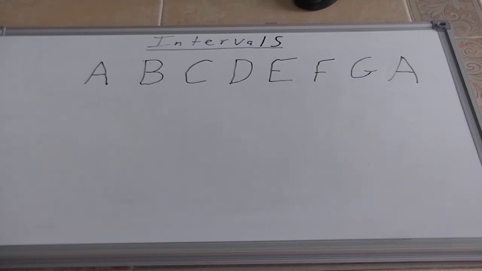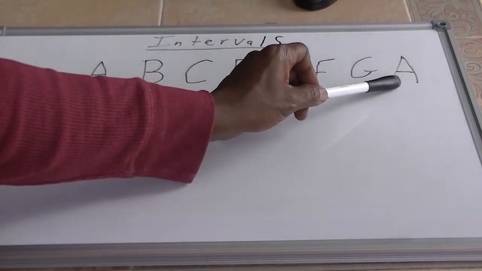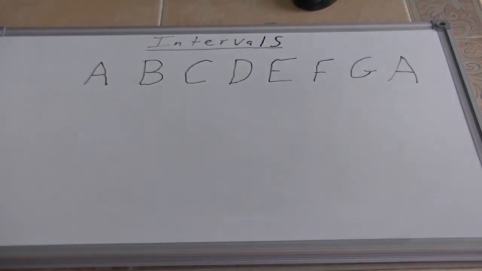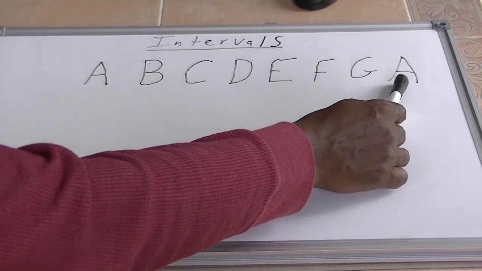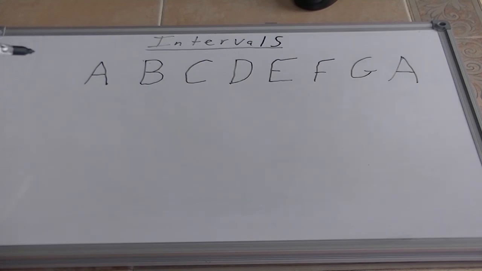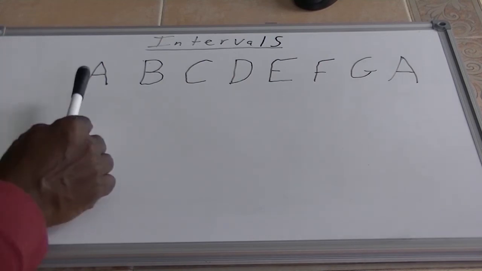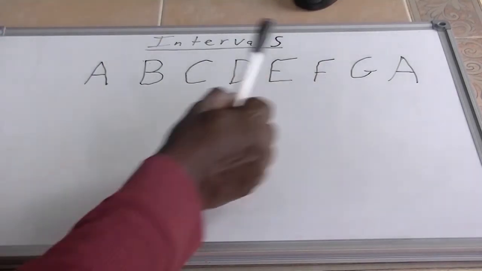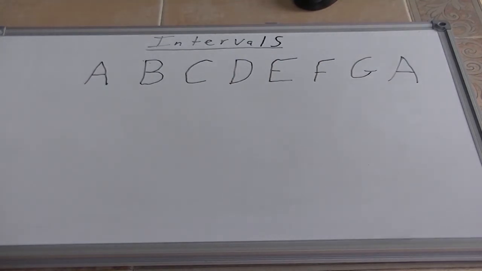If you look at this A at the beginning of the line, and then at this other A at the other end of the line, our eyes can tell us that the note is A. But our knowledge of music theory also tells us that this A is higher in pitch than this A. And that difference in pitch between this A and this one here is what's known as an octave.